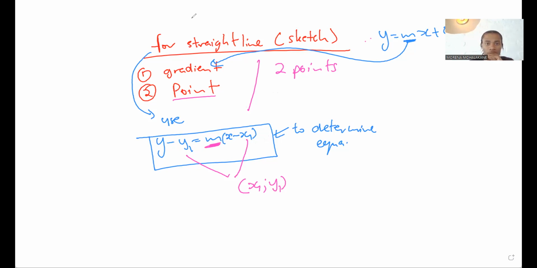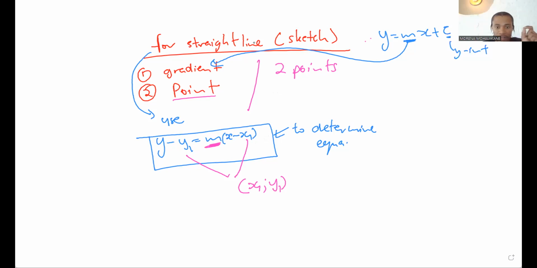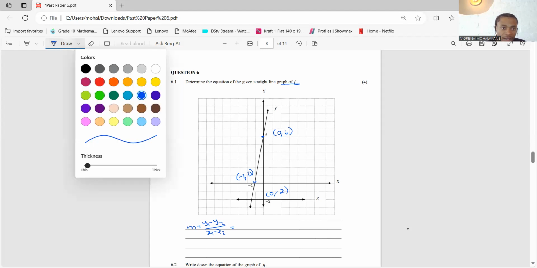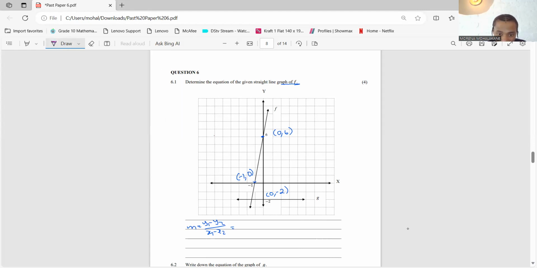So going to our equation, we are given 2 points. As you can see here, you have (0, 6), and then (-1, 0). So we'll start with the gradient: y1 minus y2, over x1 minus x2. To simplify things for myself, I'll say this is x1, y1, and this is x2, y2.